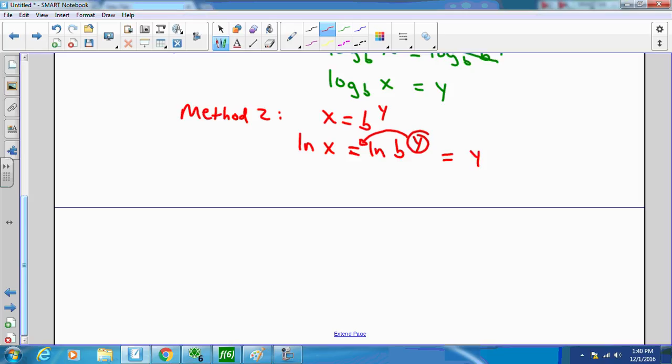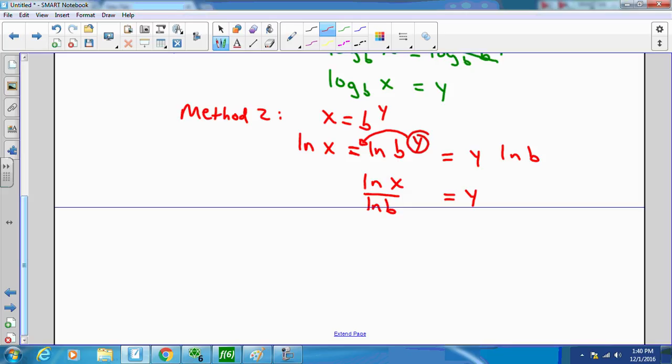I'm going to use the power rule for logs and rewrite ln of b to the y as y times ln of b. See what I did there? And then I'm going to divide both sides by ln of b to get a second way to write y.